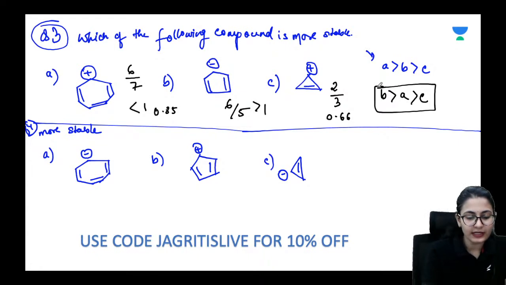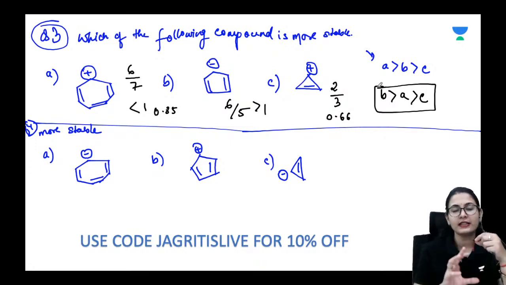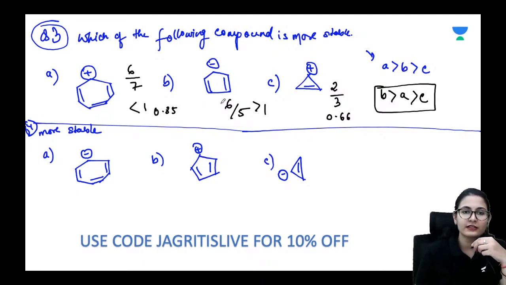This we are going to say with respect to the electron density. इलेक्ट्रॉन डेंसिटी मोर रेजोनेंस ऐसे लिख सकते हैं इसको, ठीक है. A is greater than B greater than C नहीं लिखेंगे.